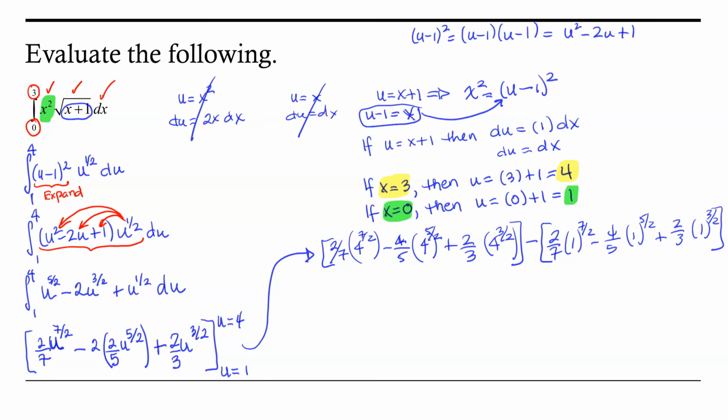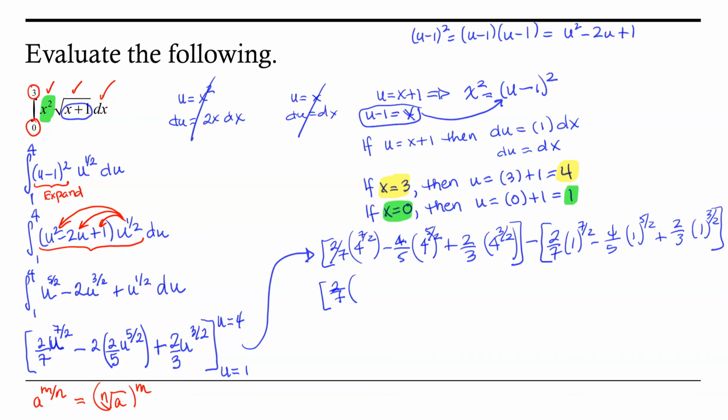Now, I'm going to use a property of exponents to help me finish simplifying that. And let me remind you of that property. That property says that a to the m over n power, so a fractional exponent, can be thought of as the nth root of a raised to the m power. So as I go through this, we're going to have 2/7.